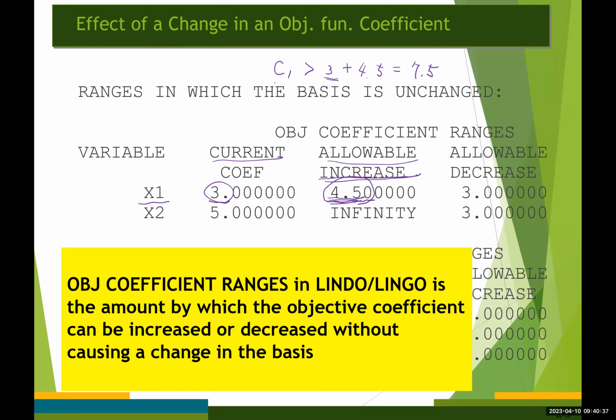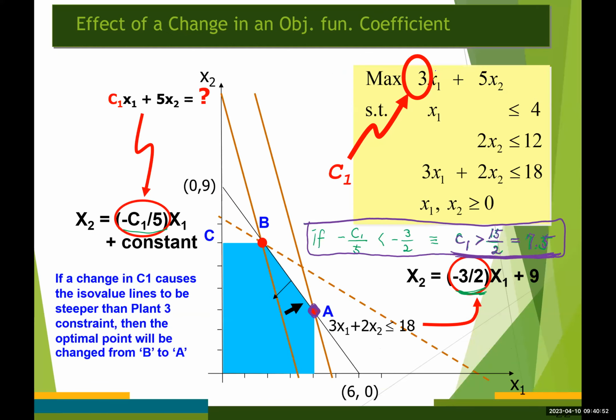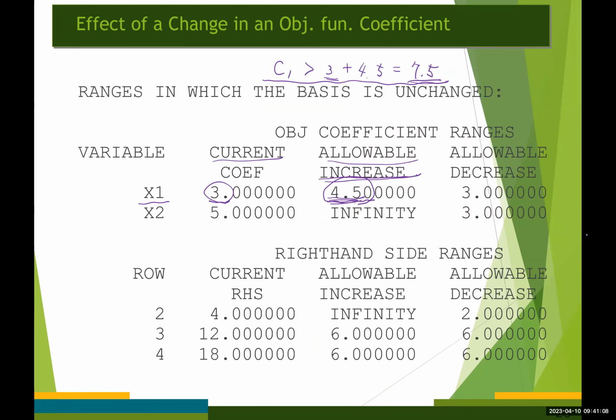If C1 becomes greater than 7.5, then the current basis will no longer be optimal. And we've known this already, right? In the previous screen, we already identified this. If C1 becomes greater than 7.5, then the current basis is no longer optimal.